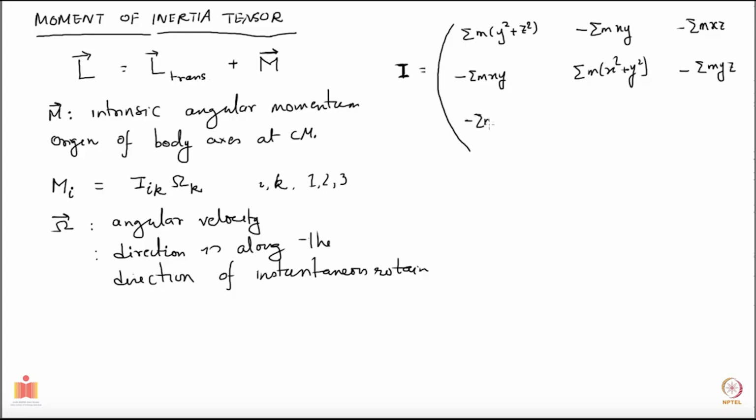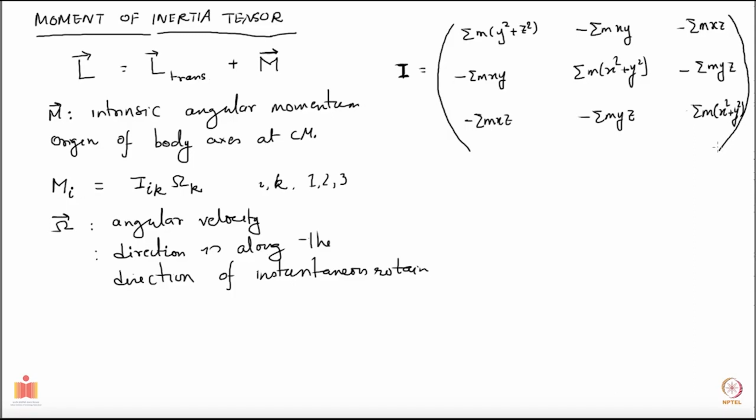Then minus m xz, minus m yz, and m (x square plus y square). Your off-diagonal entries are not enjoying that property that they are sums of squares, but your diagonal entries are.